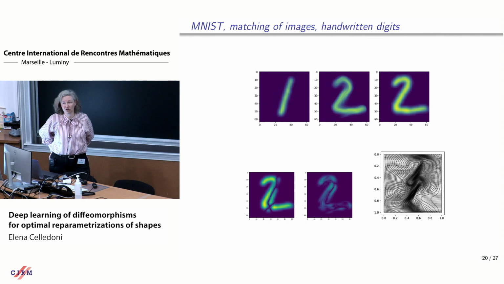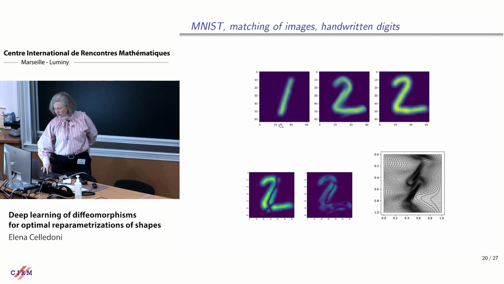These are digital images, so we interpolate with bicubic interpolation to make them into surfaces. And then we morph, or transform, the number 1 into the number 2 by computing a diffeomorphism. So the number 2 in the middle here is just the composition of this surface with the diffeomorphism here.